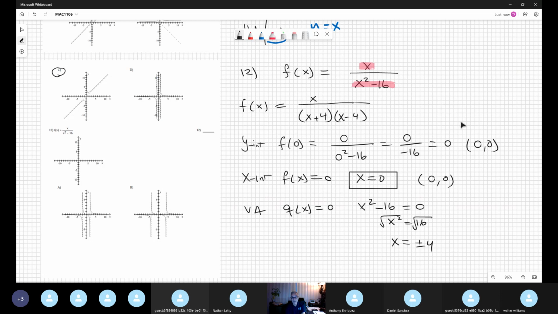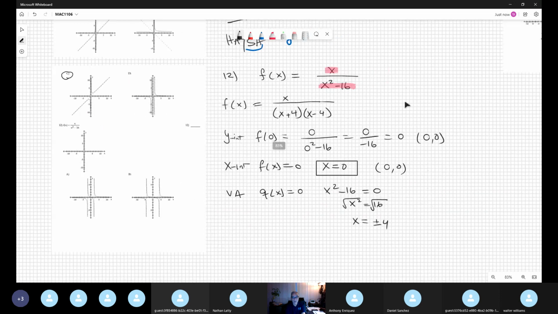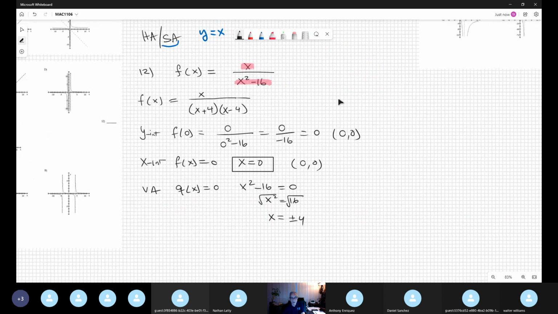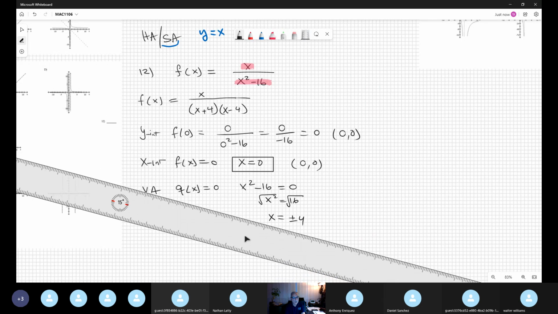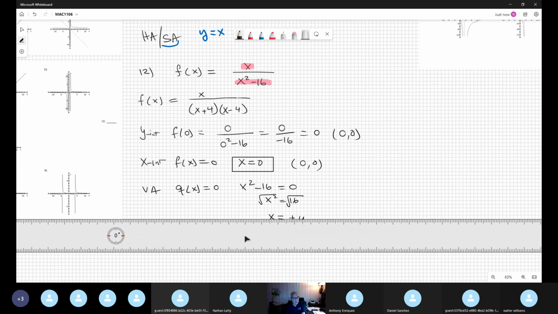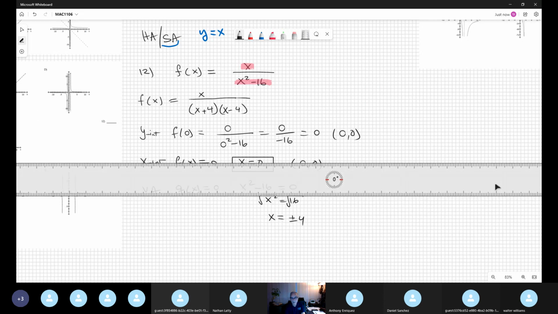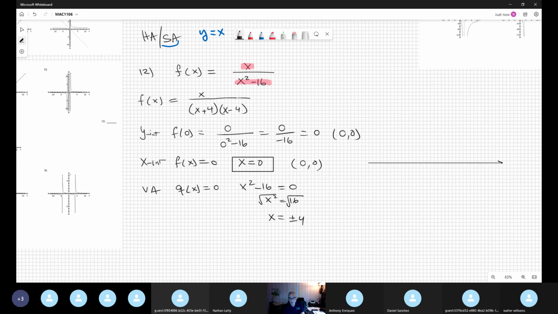If you want, not mandatory, but if you want to have a rough idea of what our graph looks like, we have the famous all real number line. Cool. We have in the middle 0.